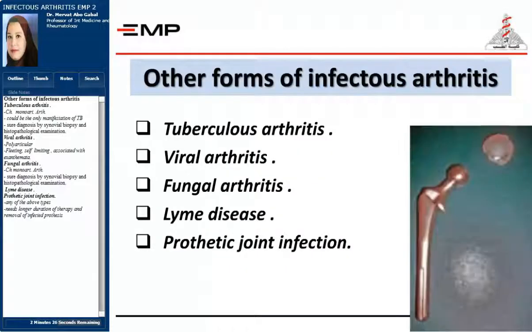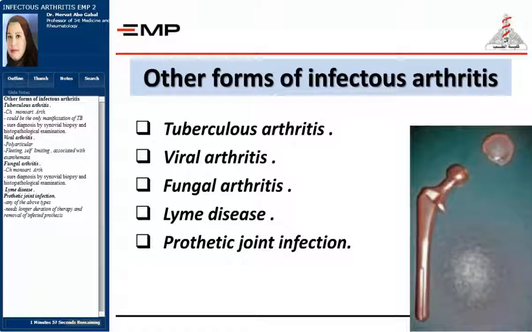Other forms of infectious arthritis. Tuberculous arthritis is a chronic monoarticular arthritis, and could be the only manifestation of tuberculosis. Sure diagnosis is by synovial biopsy and histopathological examination. Viral arthritis is polyarticular, fleeting, self-limiting, associated with characteristic exanthemata.